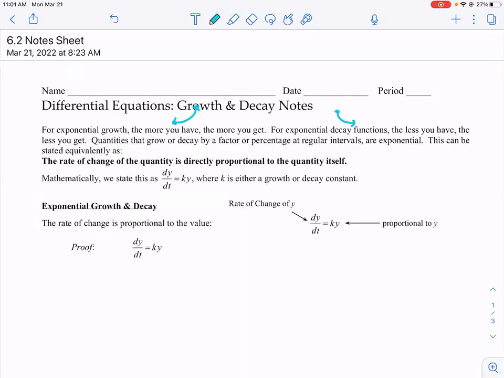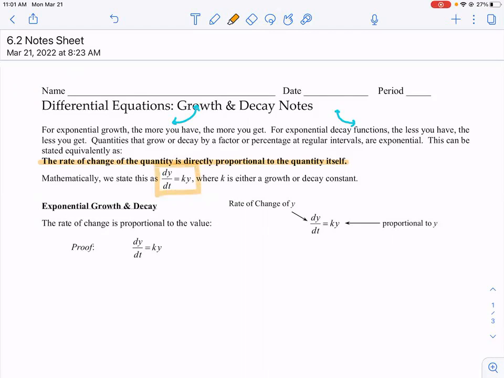Quantities that grow or decay by a factor or a percentage at regular intervals are exponential. This is an important phrase right here: the rate of change of the quantity is directly proportional to the quantity itself.